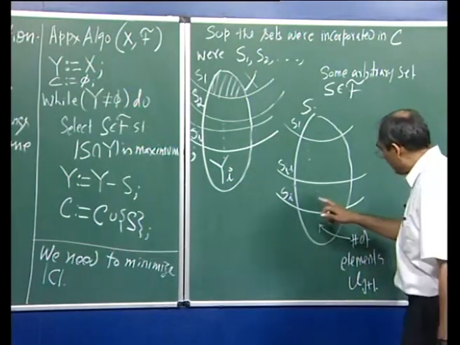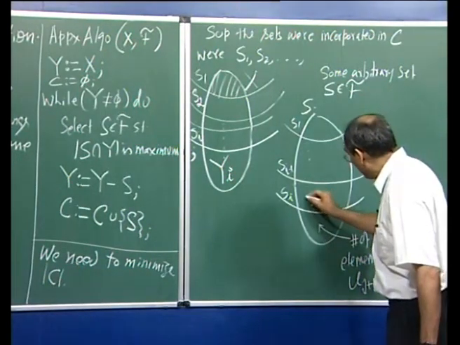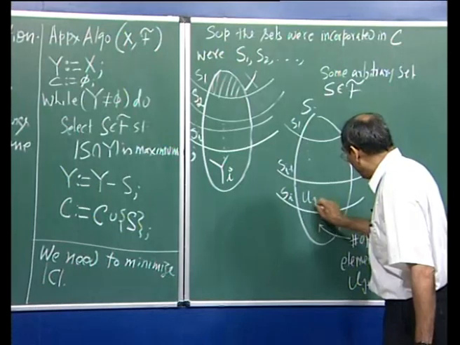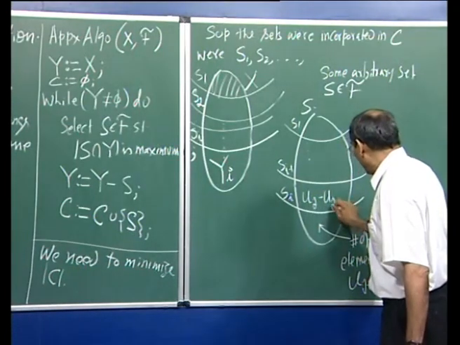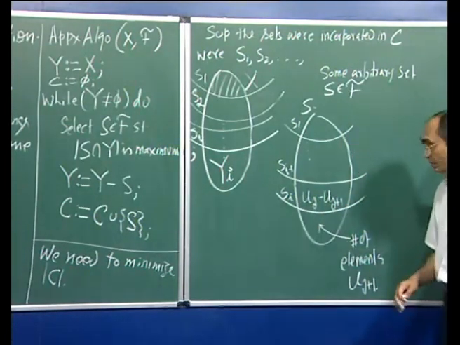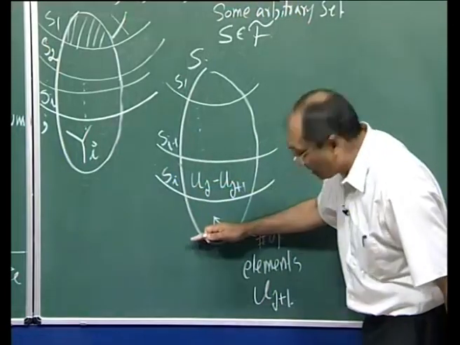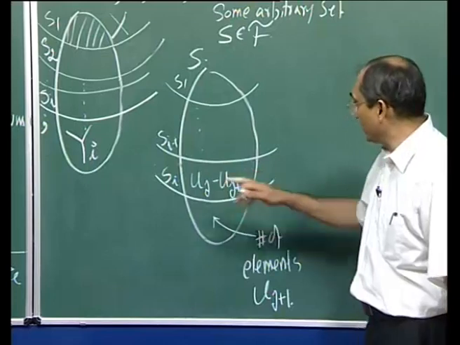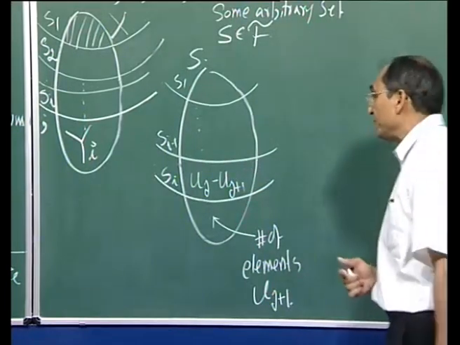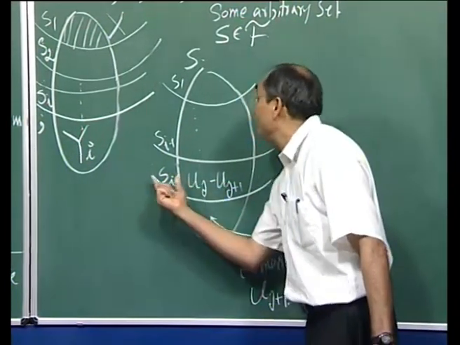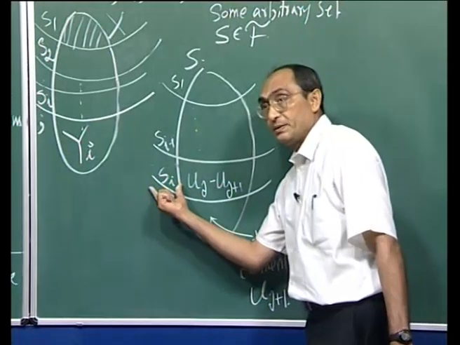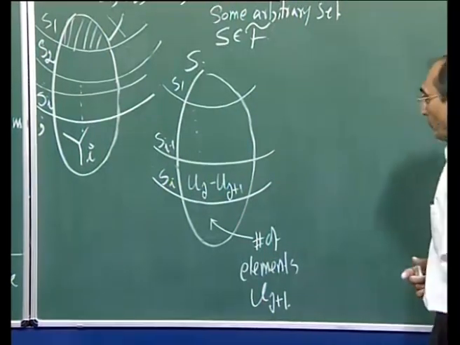So, these are Uj minus Uj plus 1, isn't it? Because everything up to this is Uj, everything up to this is Uj plus 1. So, this is what is covered when we selected Si for the cover.